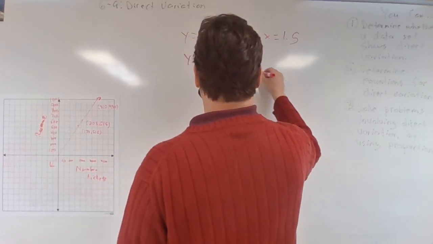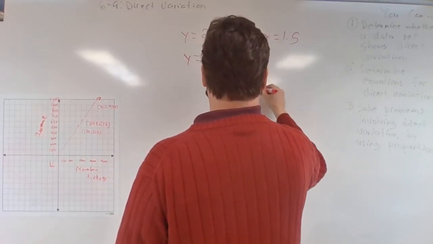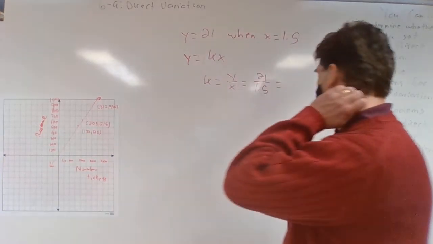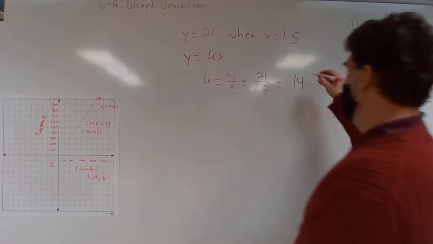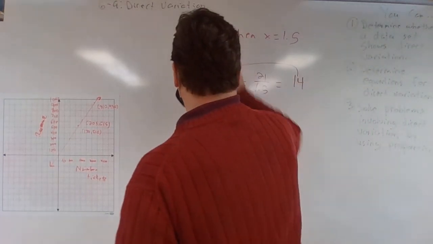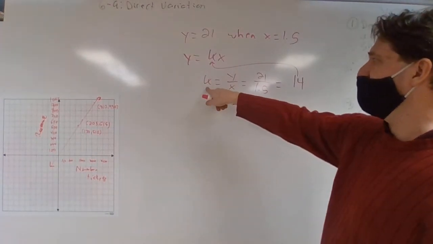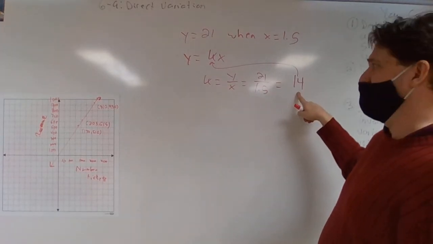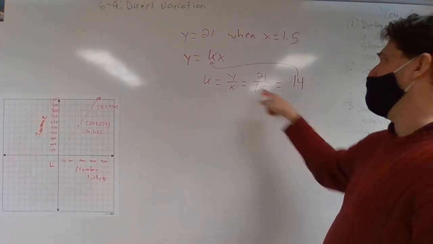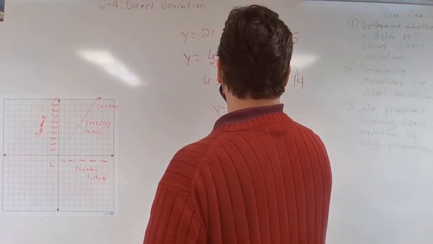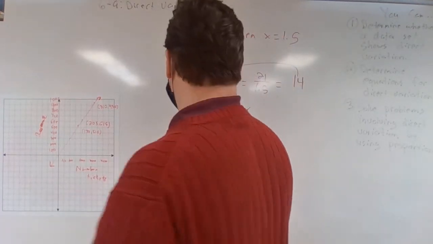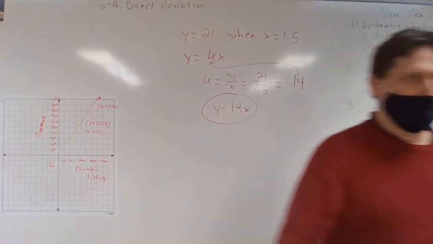My y coordinate's 21. My x coordinate's 1.5. 21 divided by 1.5 is 14. Now I merely plug that in for k. K equals 14. y equals 14x. Solved.